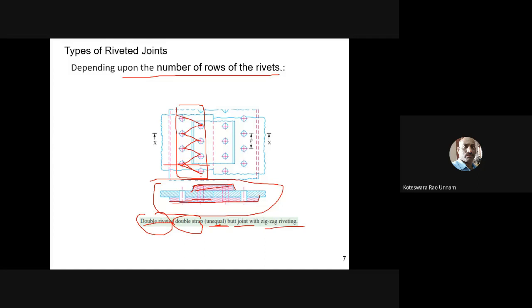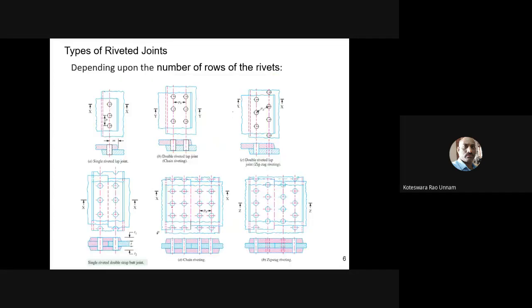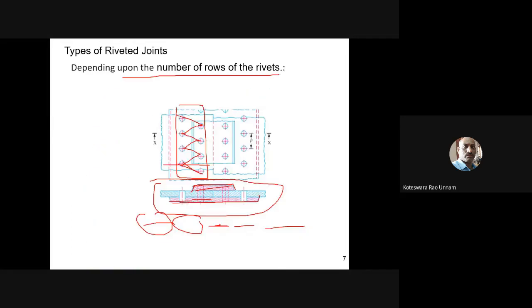Whereas in case of chain riveting, you can see all the center lines are in the same line. So depending upon the number of rows and how the rivets are arranged in the rows, you can classify it as single row, double row, or triple row, or chain riveting or zigzag riveting. That is the same for both lap joint as well as butt joint.